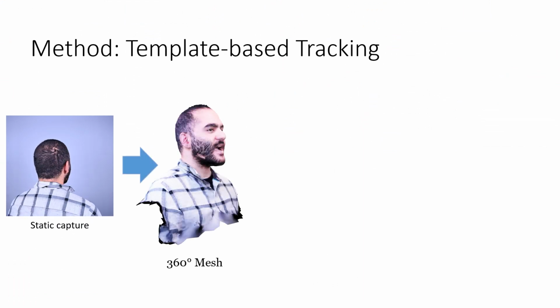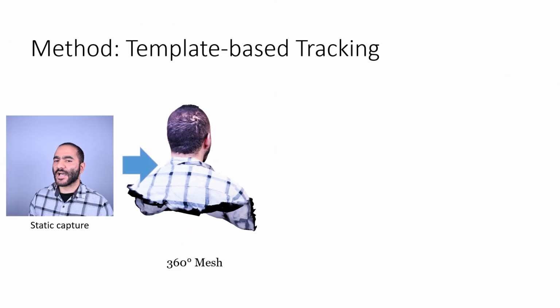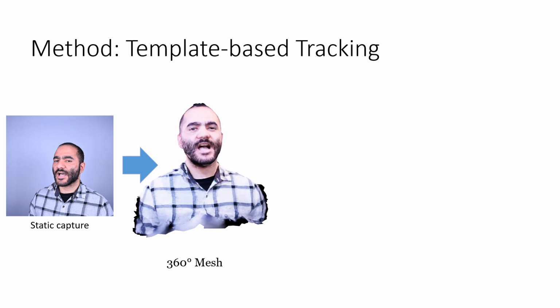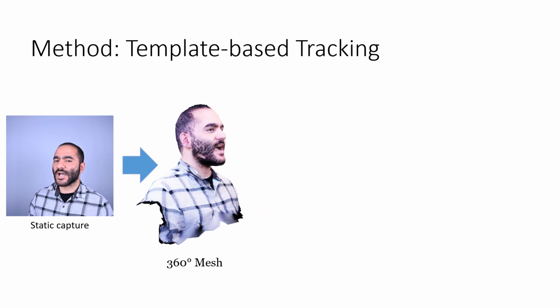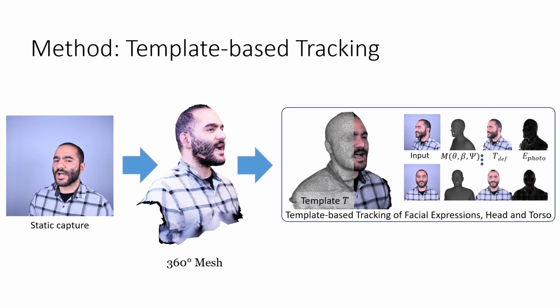Given the static frames, we initially run a structure from motion approach to obtain the camera poses along with a 360-degree textured template mesh. The resulting mesh is then rigged to a 3D morphable model, here the SimpleX model, through registration followed by transfer of LBS weights from the SimpleX model to the template mesh vertices.